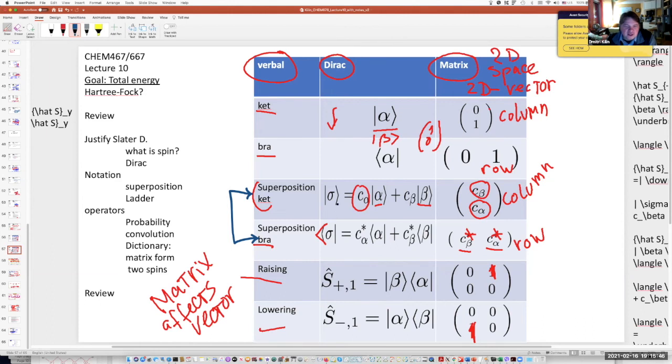So just for notation, here is the angle bracket to the right, here the angle bracket to the left. And the letter sigma means that it is any superposition spin, which can be either beta or alpha or a superposition between them. And this sigma is composed as a summation of alpha and beta.